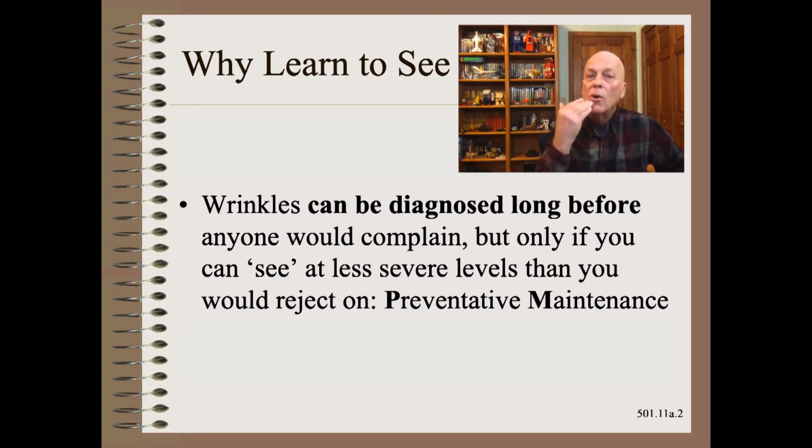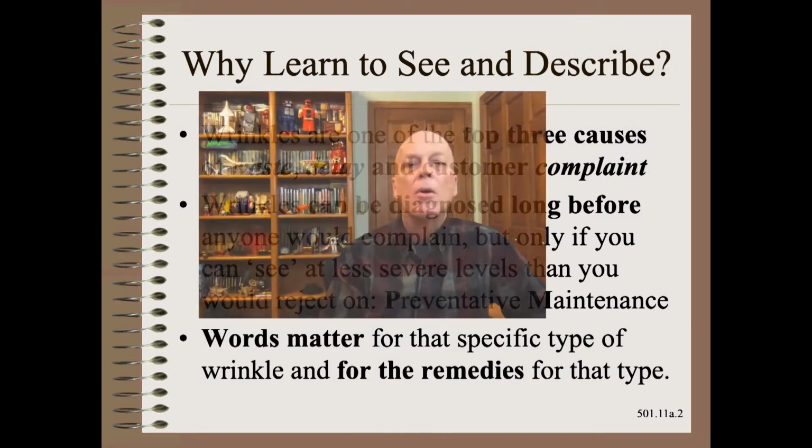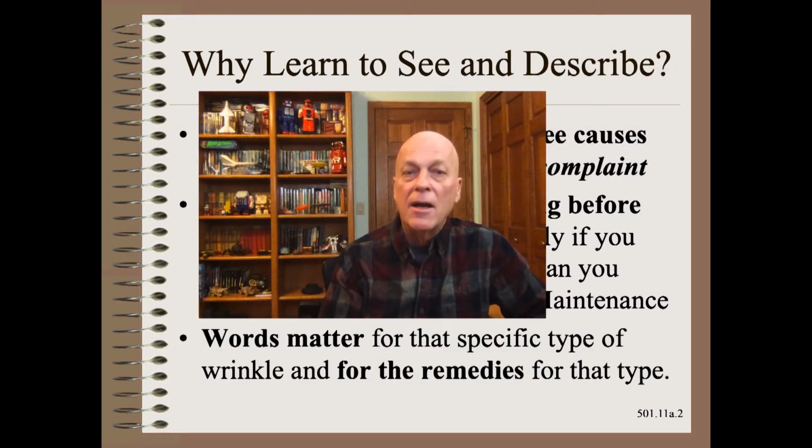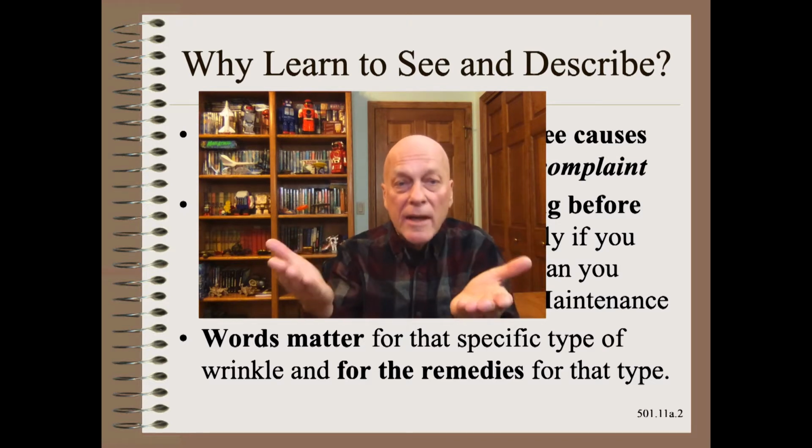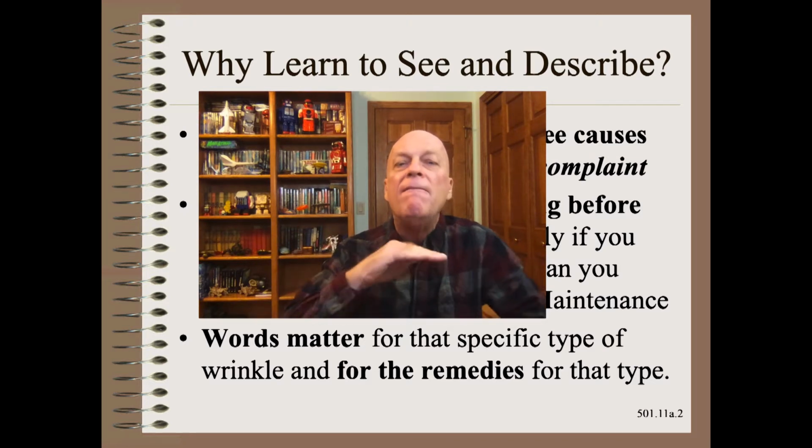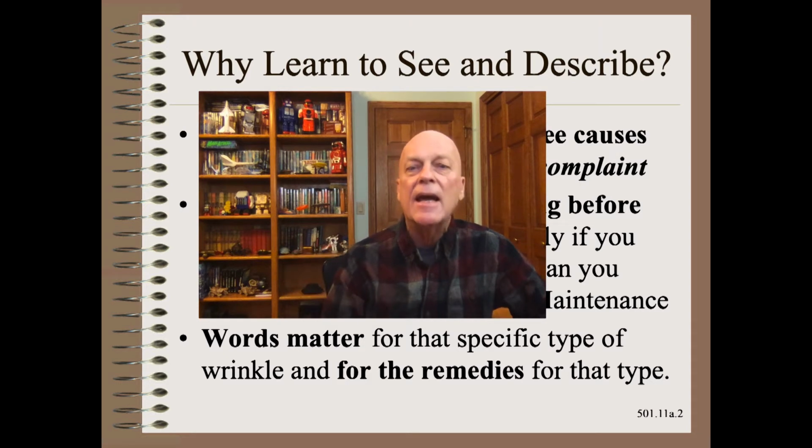Finally, words matter. While pictures can sometimes be worth 1,000 words, pictures are not a very compact way to communicate within your plant and between customer and supplier plants. In the case of wrinkling, words really matter because, as we will see in the next clip, most wrinkle types have a very specific name.